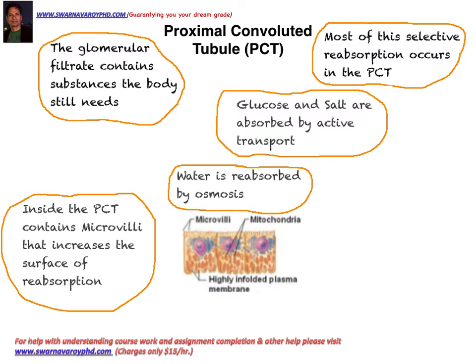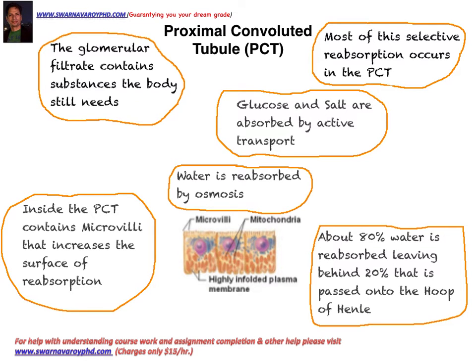Osmosis happens when there's flow of water from an area of lower concentration of solute to an area of higher concentration of solute. So it's totally concentration dependent movement of water. There's no energy required, no ATP required for that process. So water uses osmosis to be reabsorbed.